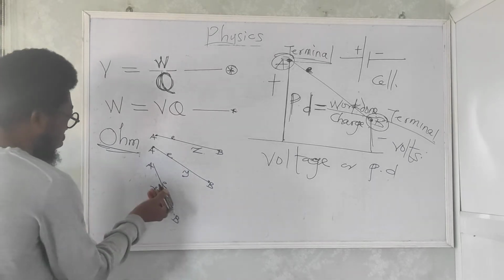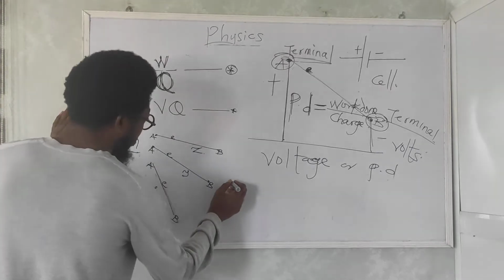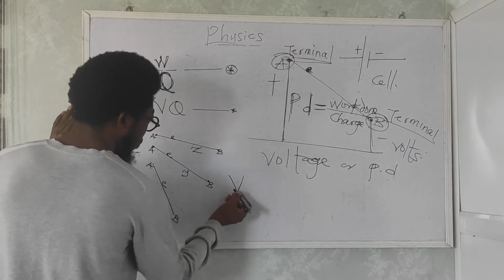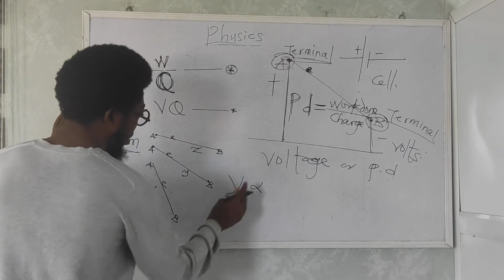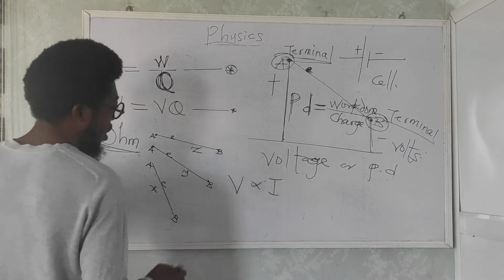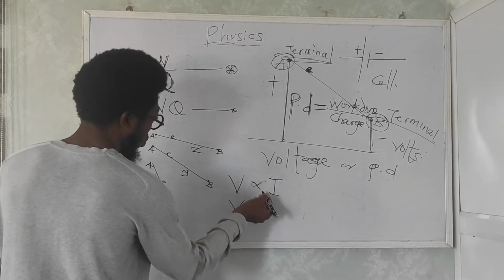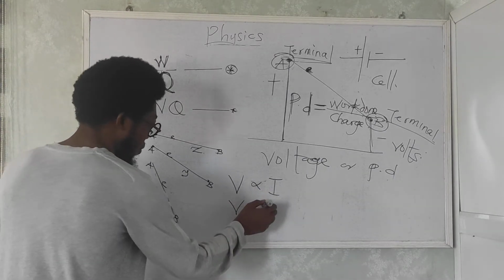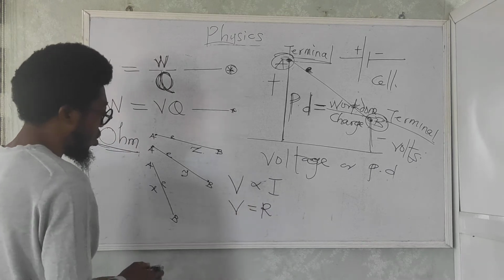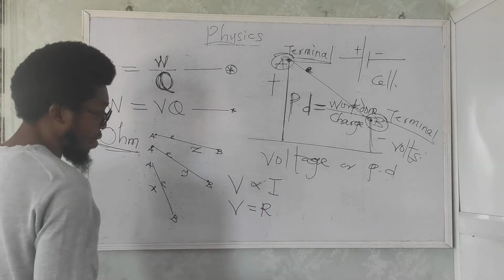So according to Ohm's law, and from the explanation so far, you can now see that the potential difference, or voltage, is proportional to the current. If proportional to the current, then the voltage can be equal to, I will introduce a constant, and we call that constant R, which Ohm chose instead of the K that you and I would have chosen.